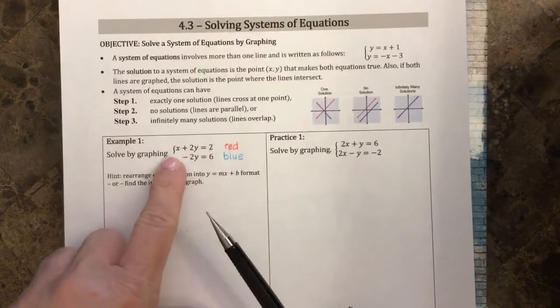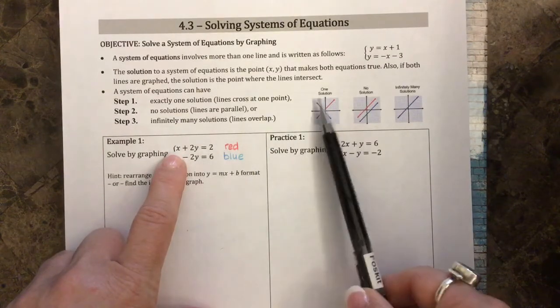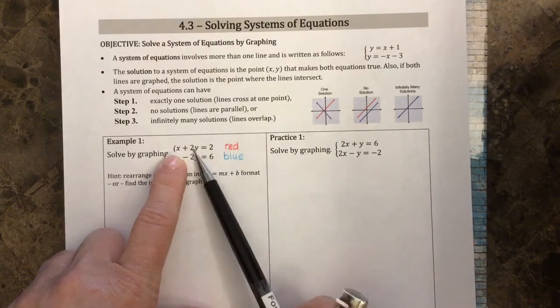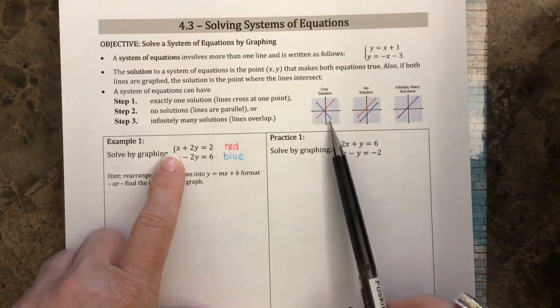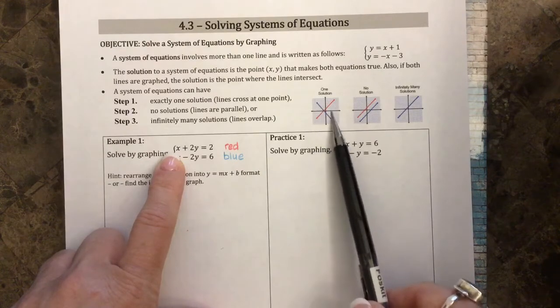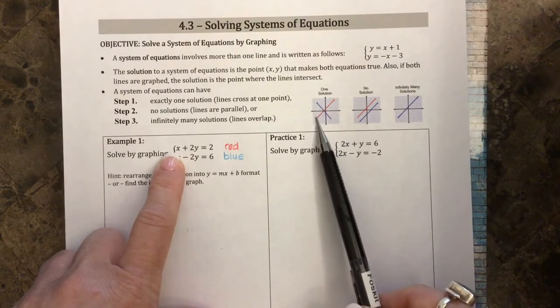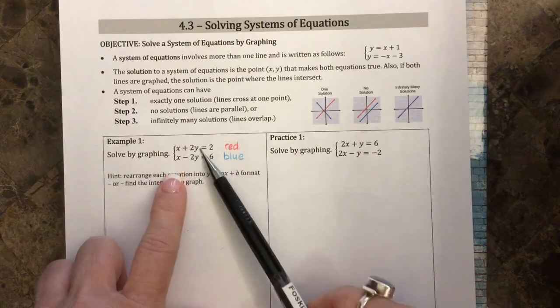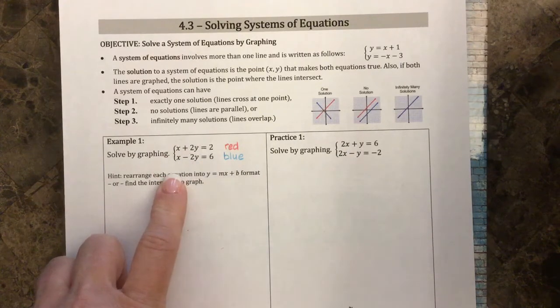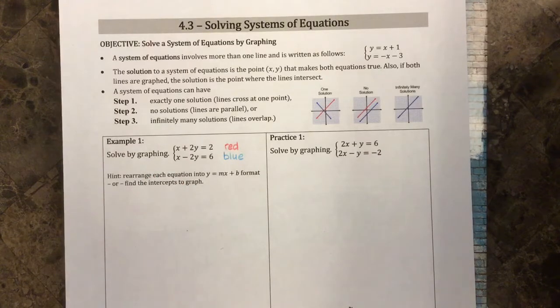So if you plugged in the x value and the y value of that point of intersection, then the left side of the equation would equal the right side, as opposed to if you chose a point somewhere out here or maybe another point on the line that wasn't the point of intersection. It wouldn't solve both equations. You wouldn't be able to plug in the point for both equations. So it's called the solution there.